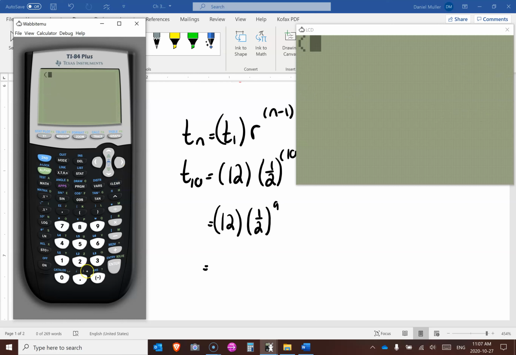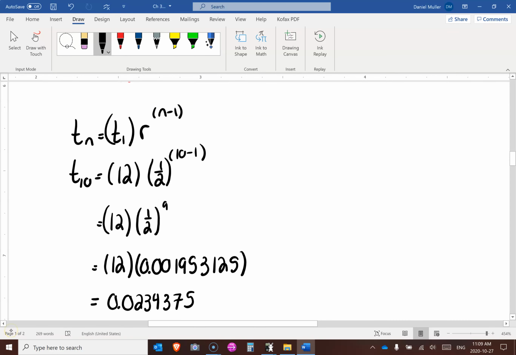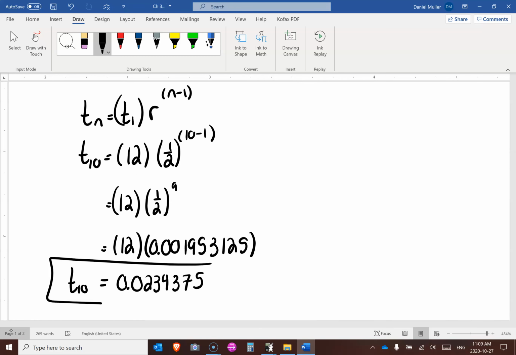So brackets, 1 over 2, or 1 divided by 2, to the power of 9 is that, and then I guess we times that by 12. I'll write those down, but that is my final answer. So there we go, our 10th term, T10, is this really small number.